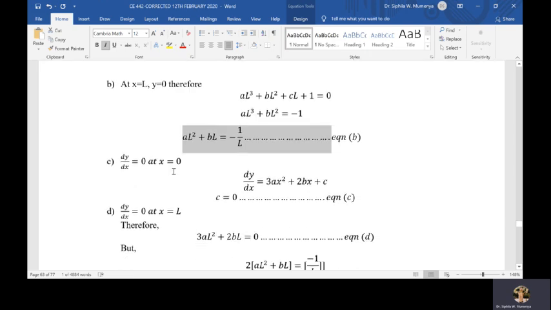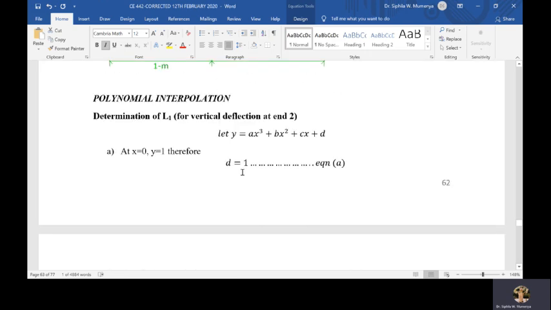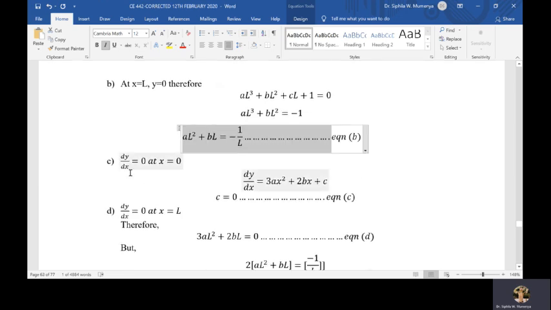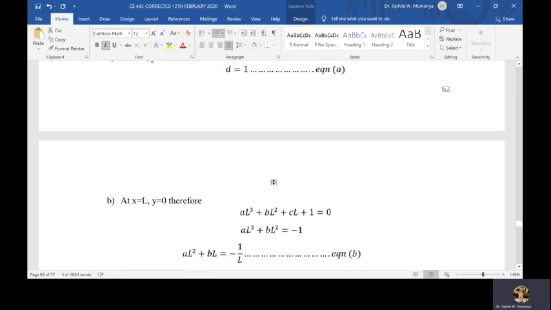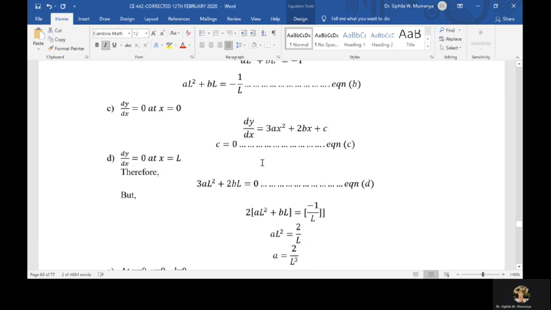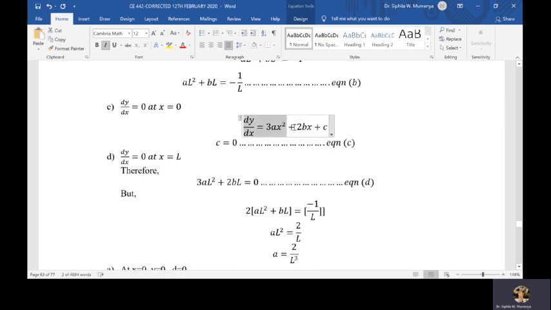We also know from the shape, that shape there, dy by dx is equal to 0 at x equal to 0. That is at node 2. So what is dy by dx of this polynomial here? dy by dx is given by 3ax squared plus 2bx plus c.